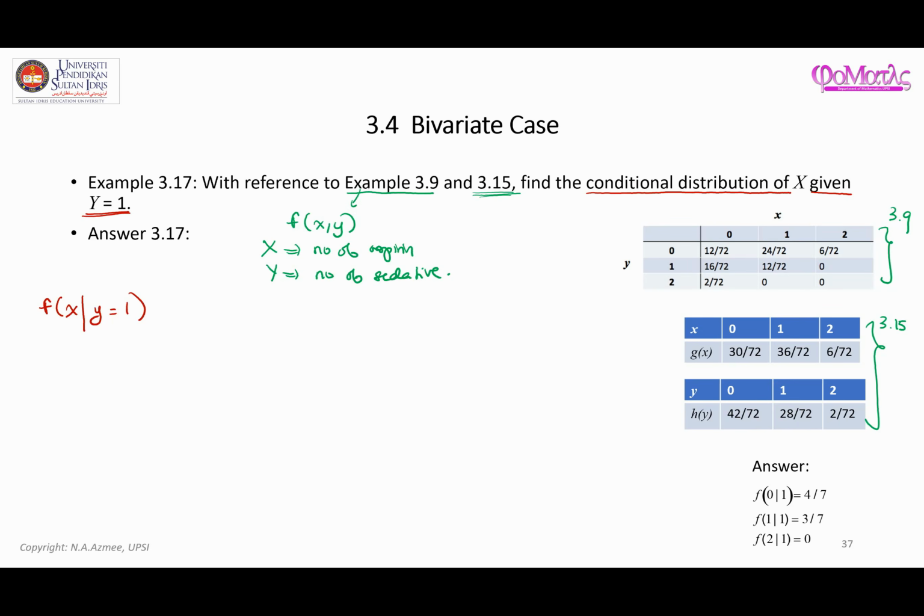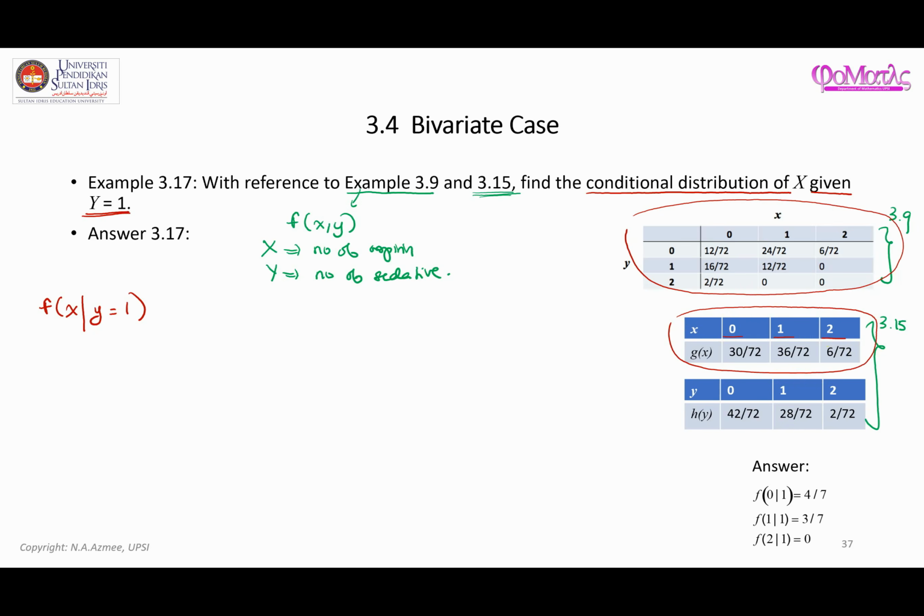Now what we need to think about is what values x can take. Based on example 3.9, or based on the result of the marginal distribution, x can take the value of 0, 1 and 2, and we're going to consider that one by one.